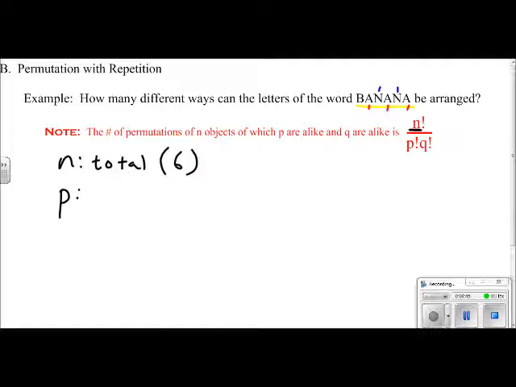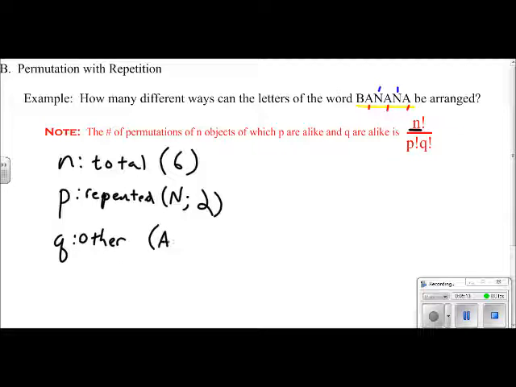P is just one of our repeated letters, or any repeated event that we're looking for. In this case it would be our N, which happens twice. Q is our other repeated letter, which in this case is A, and this happens 3 times.